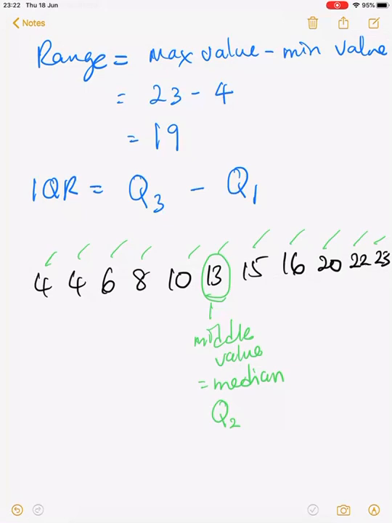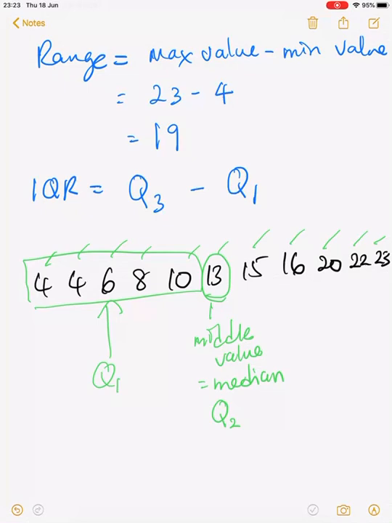So how about the first quartile? We divide the data into two parts. For the one on the left side, we determine the middle value of the data. So it's the third value here. So here is the first quartile, the middle position of the data.